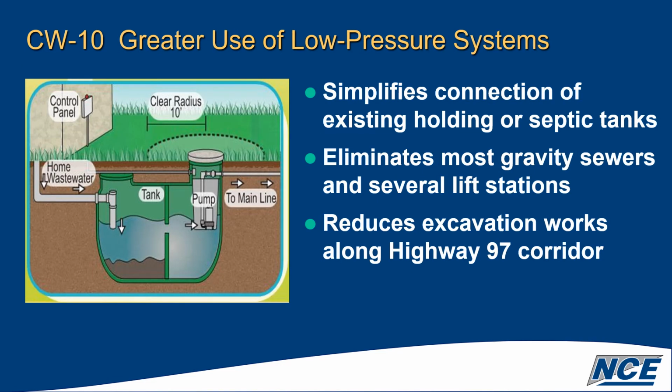Another idea was, instead of having huge lift stations, to use low pressure grinders on these very dispersed rural properties, and have them pump in a low pressure system to major trunk sewers and then lift every once in a while.